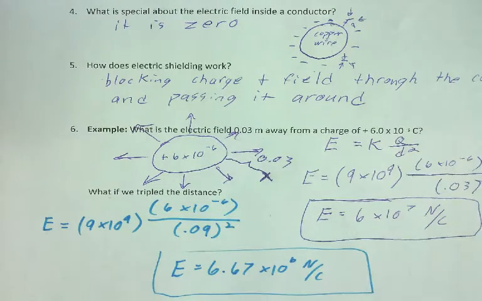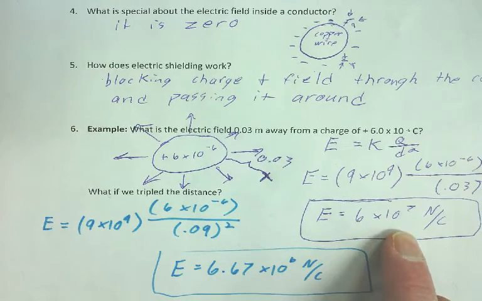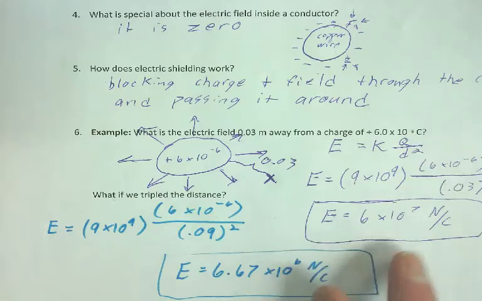So hopefully you could guess that yes, it should get smaller, and it in fact does. But how much smaller is it? Anyone want to take a guess on how much smaller this number is than this one? 1/9. Yeah, it's 9 times less.